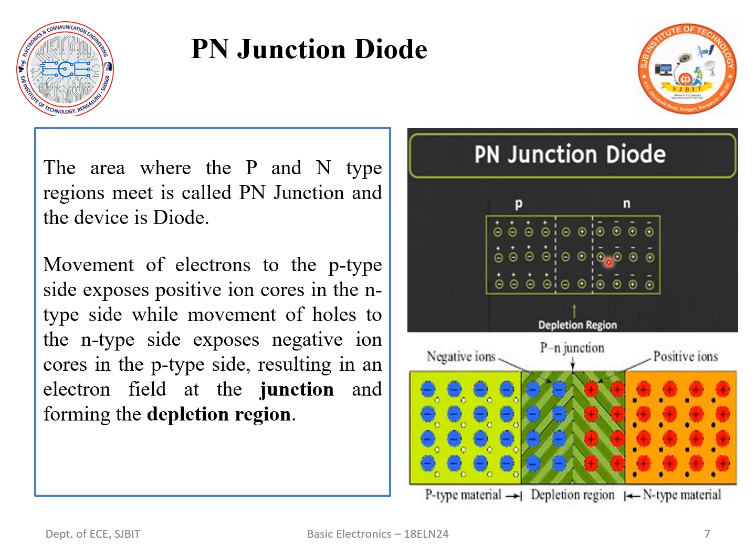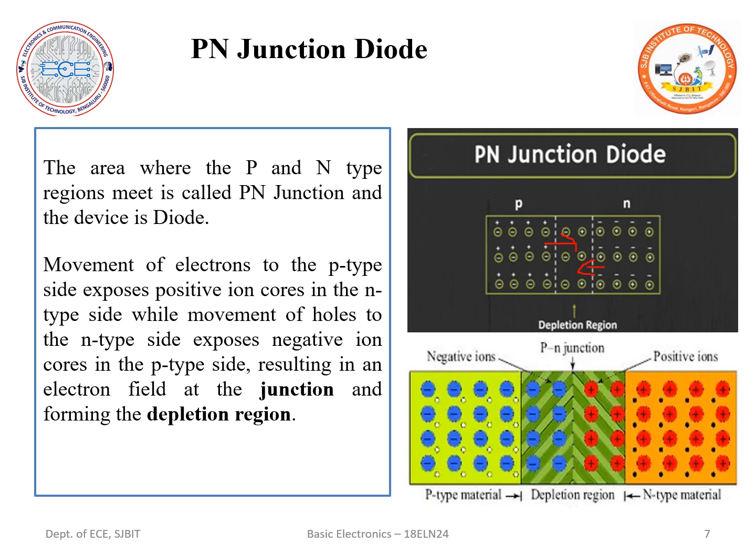When we sandwich the p and n together, the holes present in the p region have a tendency to move towards the n region, and the electrons in the n region have a tendency to move towards the p region. As a result, it constitutes a junction which we call a PN junction or a depletion region, where the barrier potential is created, and we call that potential the barrier potential.